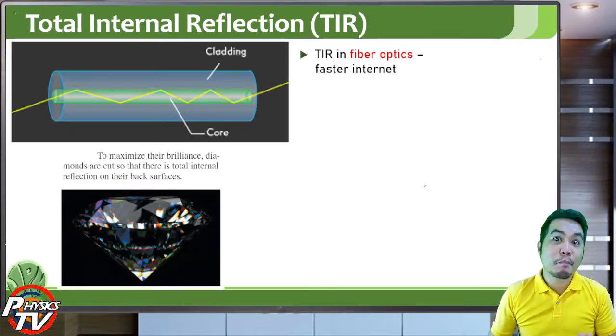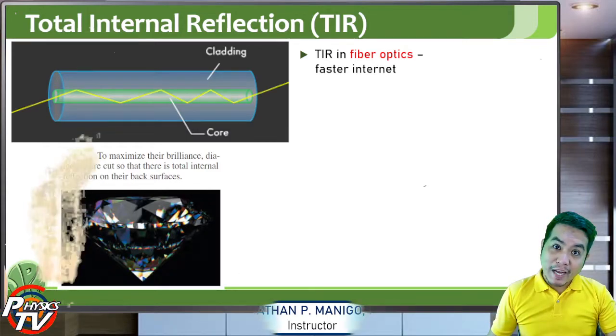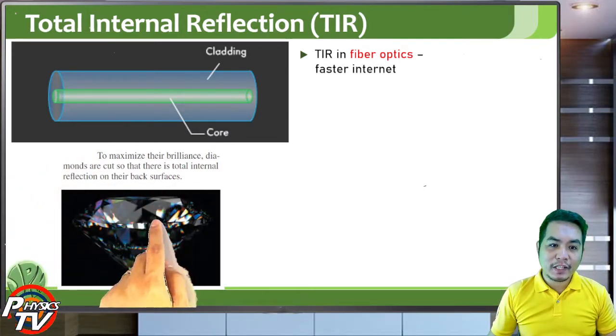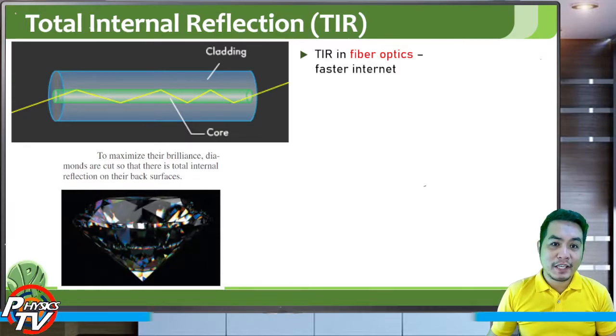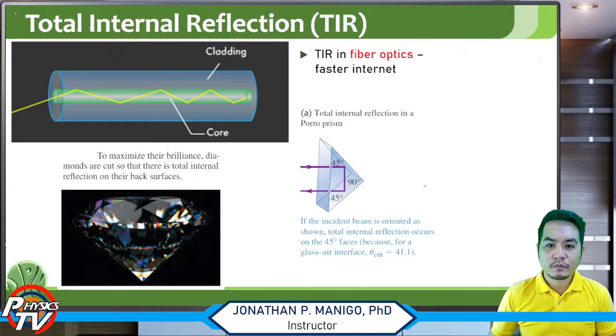Diamonds are polished or cut in such a way that there will be total internal reflection on their back surfaces. So you will see the diamond reflecting from the back surfaces by virtue of TIR.